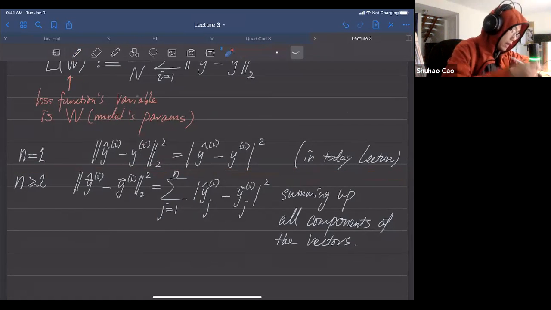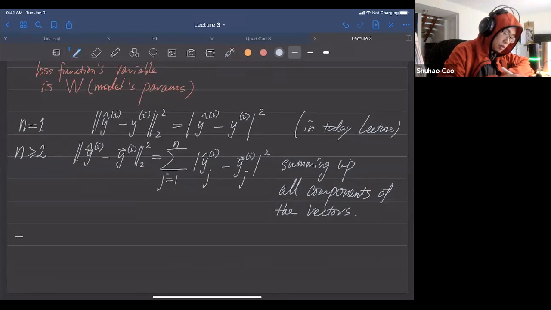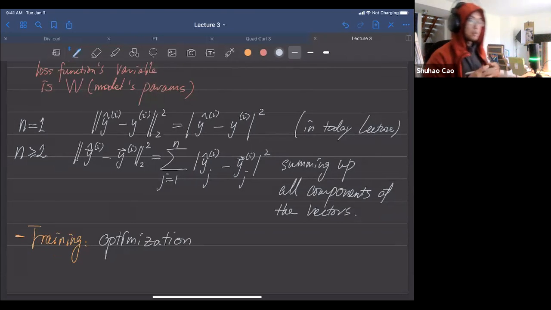Next is training. In this step, this is where we use optimization. This is the main topic of this semester's class.